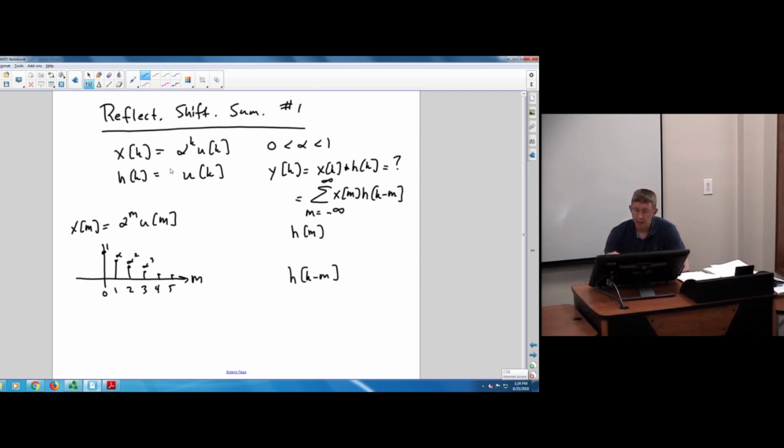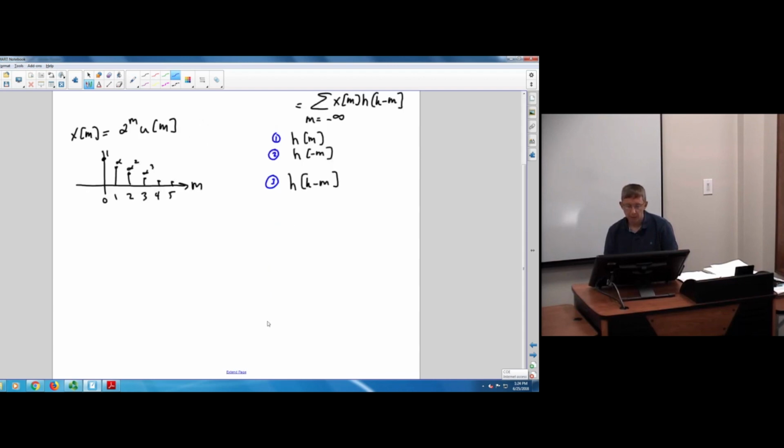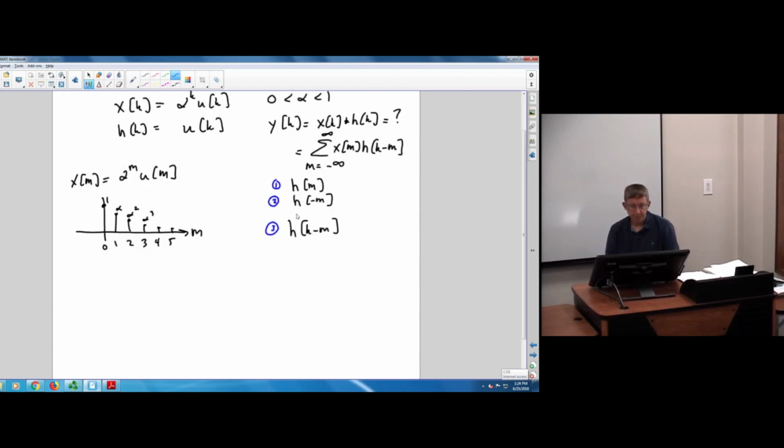Then I do the time reversal, plot h of minus m. Then I apply the shift. So I strongly recommend you make 3 plots total. Plot this so you see what it looks like, then plot this, and then plot this. During this last step, there's a key thing that people always mess up. I'll give you a trick for the easy way to remember. So let's go ahead and do that sequence.